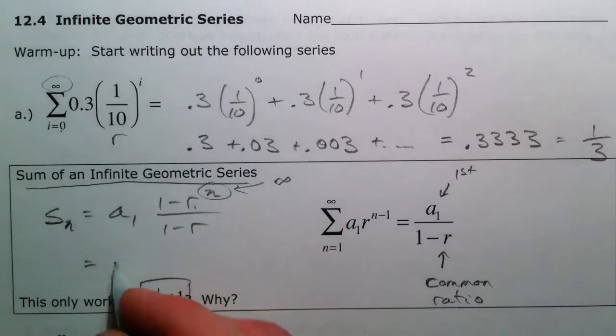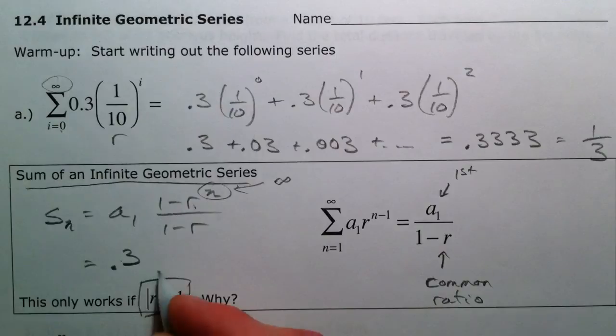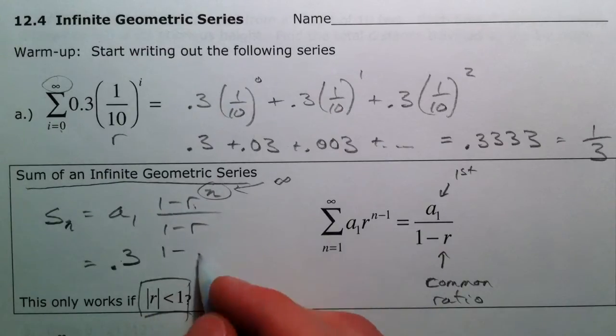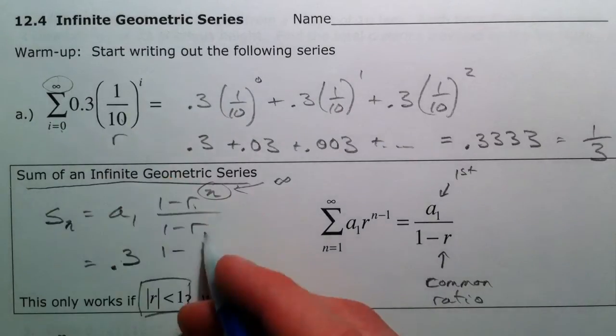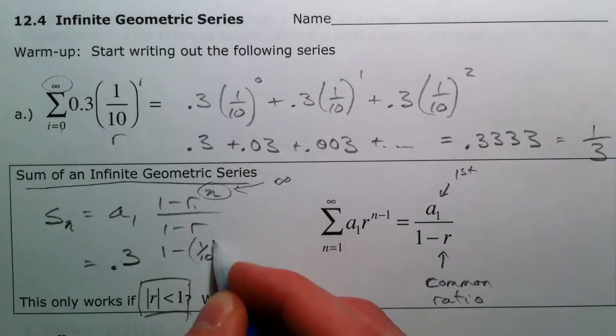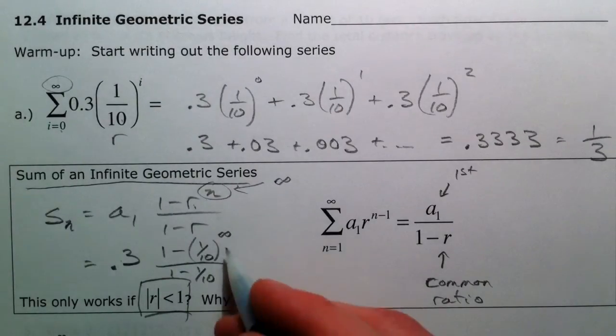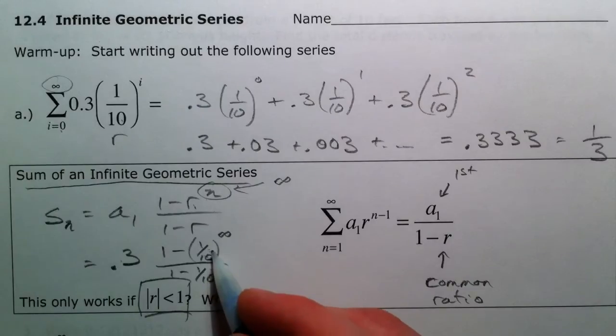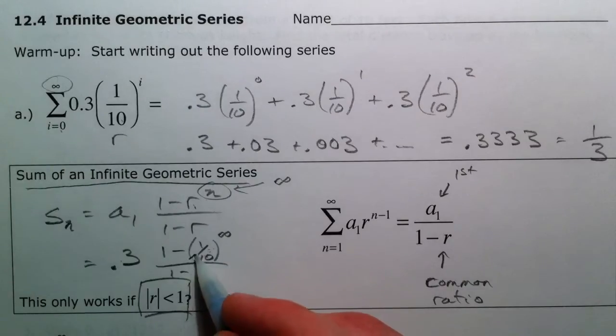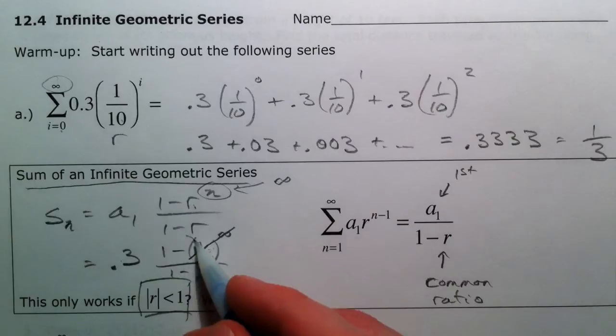So, thinking of our first term, 0.3, and r, which is 1/10, being raised to the infinite power, divided by 1 minus 1/10. 1/10 to the infinite power, if you keep multiplying by 1/10, is going to continue getting smaller, and so that's going to disappear, become 0.